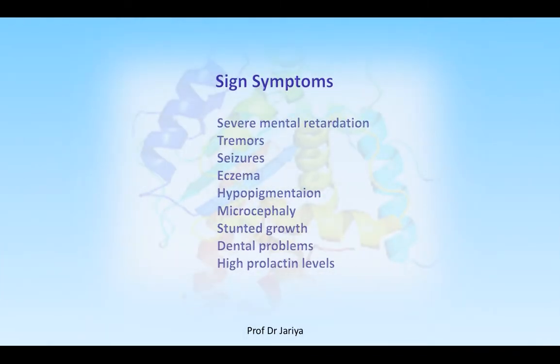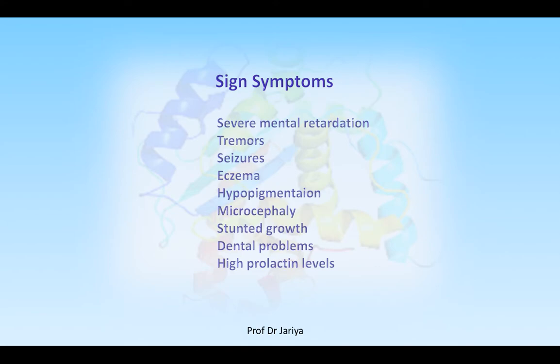Patients with classic PKU appear normal at birth. If the disease is not diagnosed and treated within the first month of life, the infant develops varying degrees of intellectual disability and IQ scores less than 50. Delayed psychomotor maturation, tremors, seizures, eczema, and hyperactivity occur, along with stunted growth and dental problems.